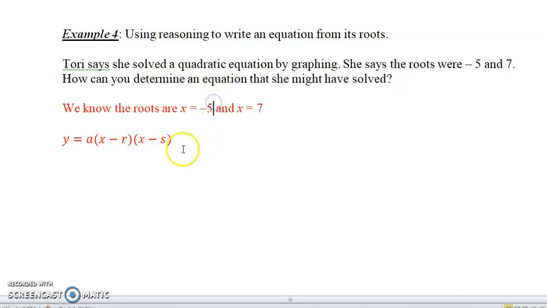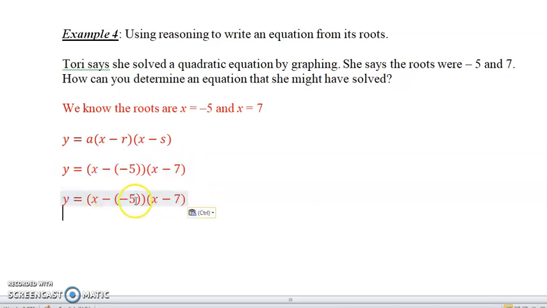We talked about that earlier on. Okay. And again, we can just have the a value as 1 because it just said any equation. It could be any equation. So we put in the first one is -5, and the second one is 7. So s is the second root, 7, right? And we'll clean this up.